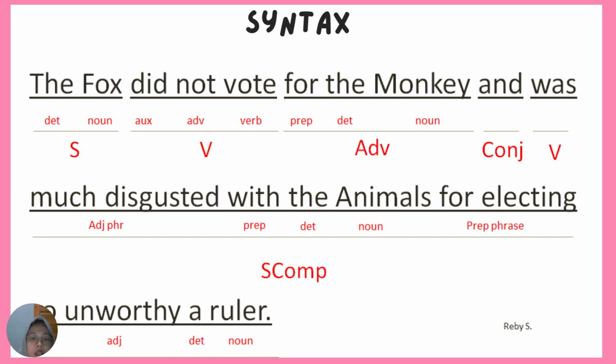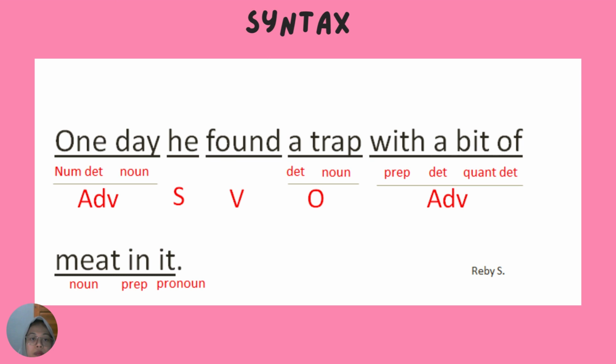Next, one day he found a trap with a bit of meat in it. One day, this is adverb. And one is a numeral determiner. He is a noun, he a subject, found as verb.